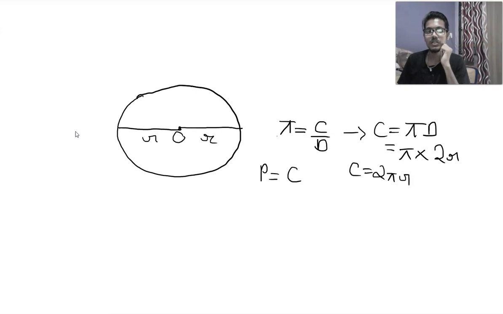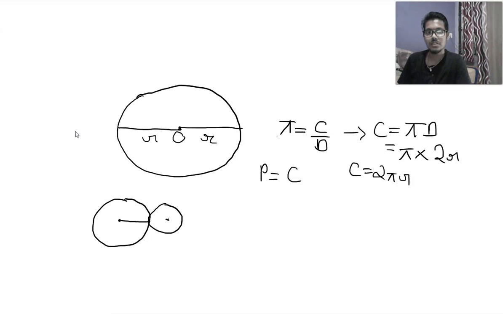Now I will tell you how to find the direct common tangent between two circles. Suppose it is a large circle and it's a small circle. Both have a center.